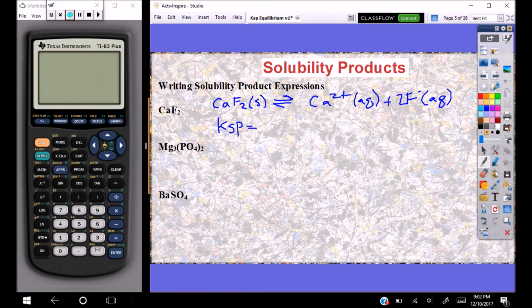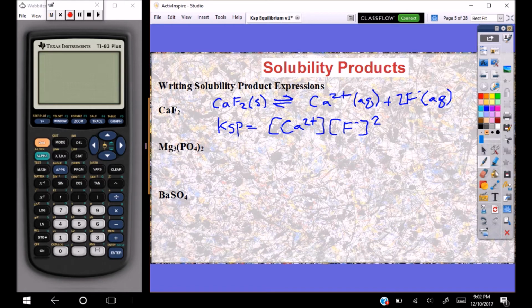So we can just say Ksp is equal to my calcium ion concentration times my fluoride ion concentration. And remember that we have to respect the stoichiometry, so that would be squared due to the balanced equation.